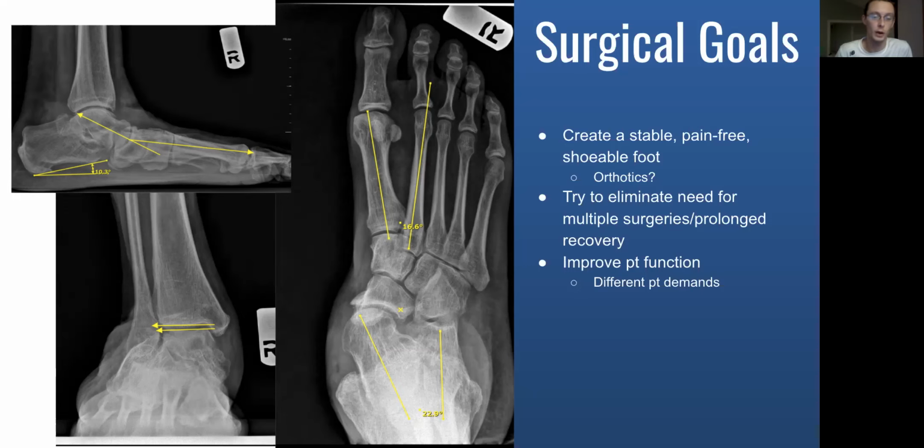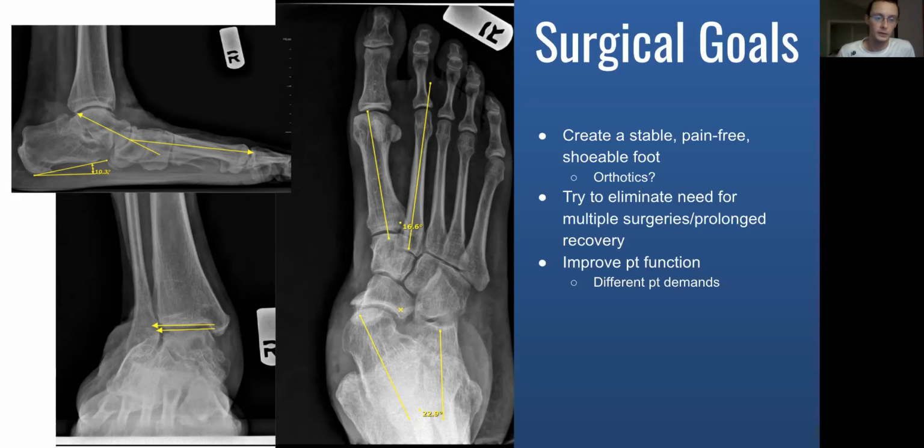Oftentimes that does require an orthotic, so we take a foot that is just an absolute disaster and not good under any circumstances with a brace or with an orthotic at all, and we make it a much more stable foot where you can walk around your house a little bit. You can go to the bathroom in the middle of the night without an orthotic and you're fine, but under normal circumstances you're wearing an orthotic when you're out and about or walking around Disneyland.